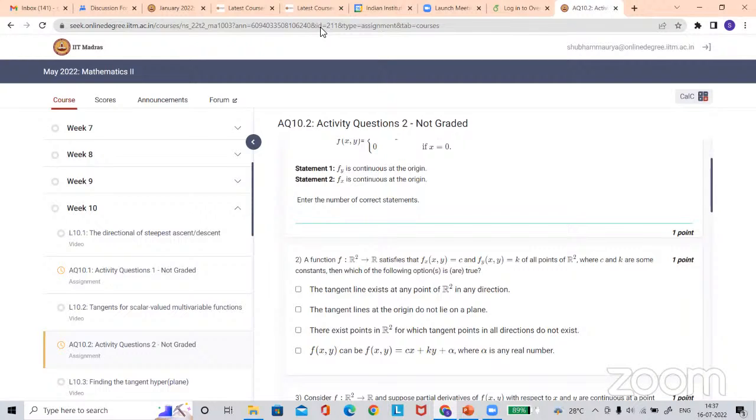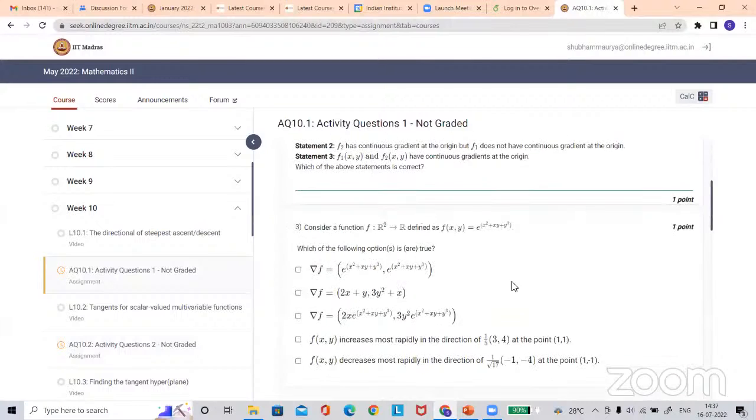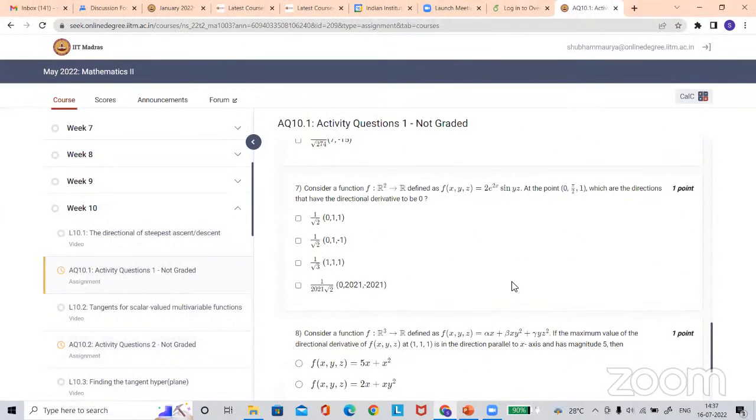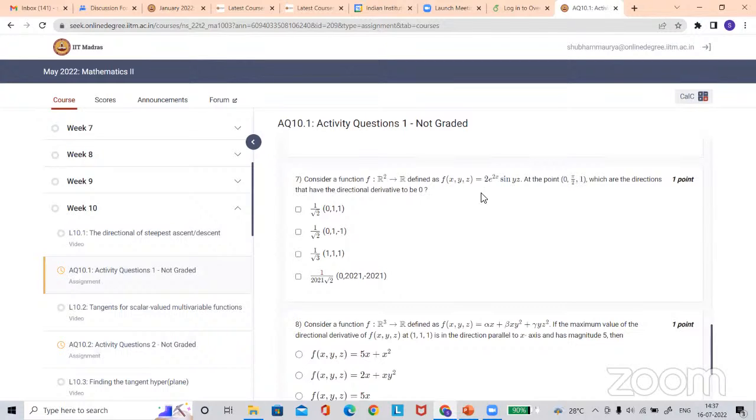Okay, so this is the question somebody had in 10.1, questions 7 and 8. Okay, this one. In this question, we have a function at this point, and we need the direction that has directional derivative 0.